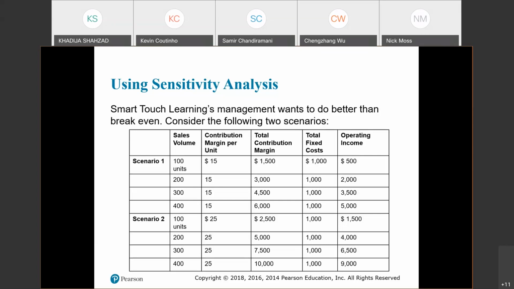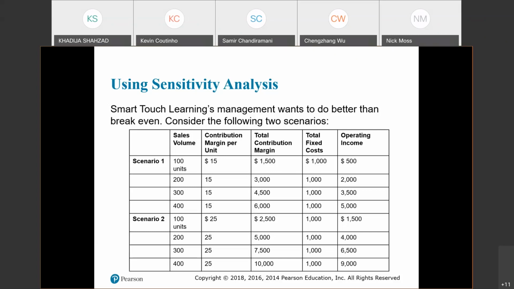Please remember that contribution margin is the amount that contributes to covering the fixed cost and then providing operating income. In both scenarios, fixed costs are covered when the sales are 100 units.